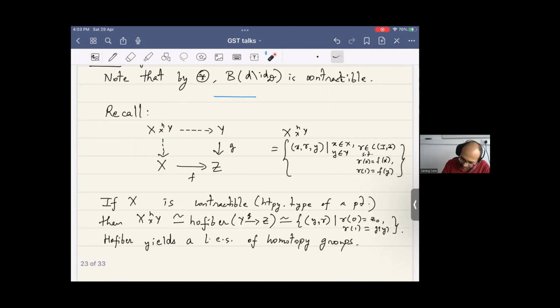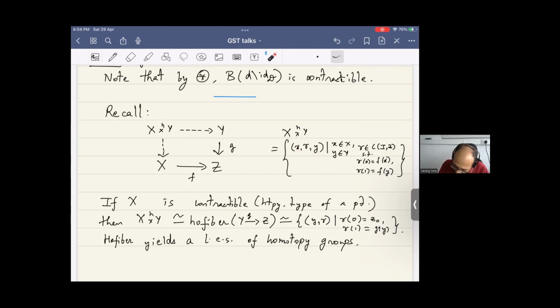And I'll quickly just recall what a homotopy Cartesian square is. So a homotopy Cartesian square is essentially a Cartesian square in the homotopy category of topological spaces. So explicitly, one model for this is the following topological space. You take triples little x comma gamma comma y, where little x is in this guy, little y is in this guy, and gamma is a path from x to y.